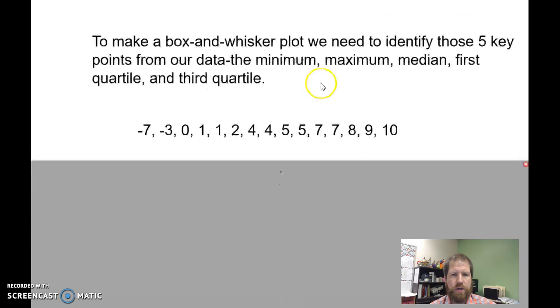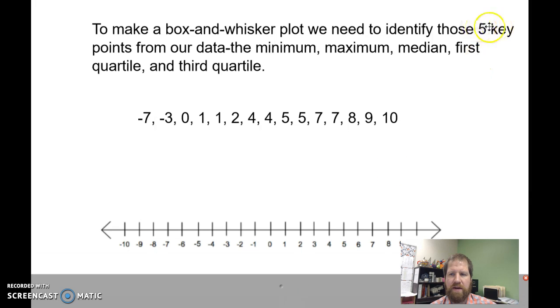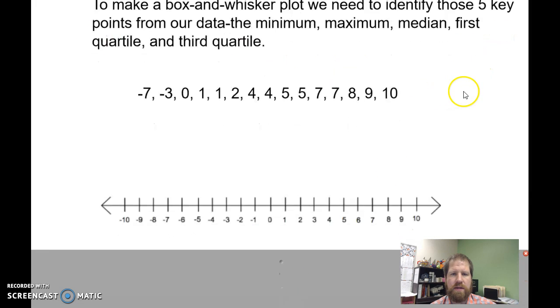So now, making a box and whisker plot, what we're going to do is identify those 5 key points: the minimum, the maximum, the median, and then the first and third quartile. So my minimum is going to be -7. Make a point there. My maximum is going to be 10.